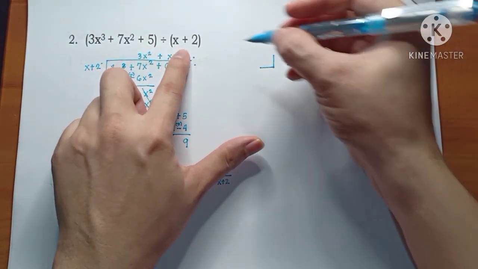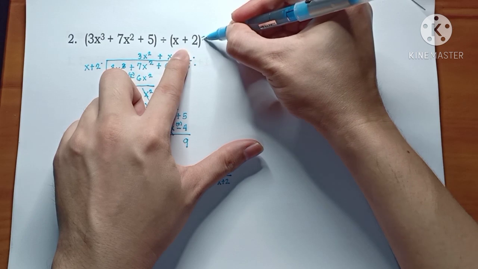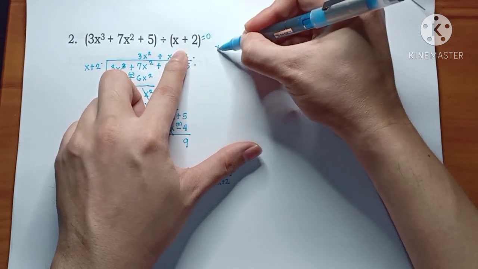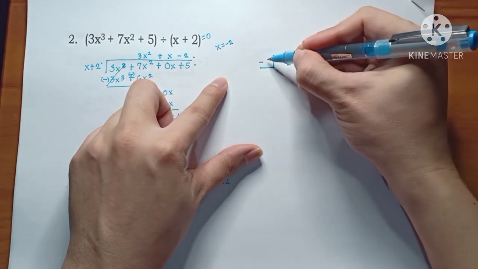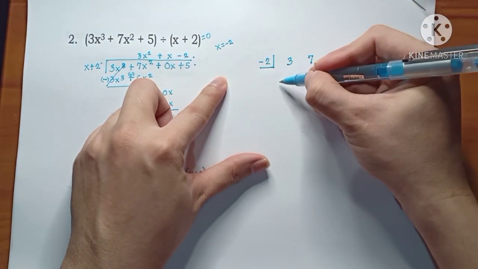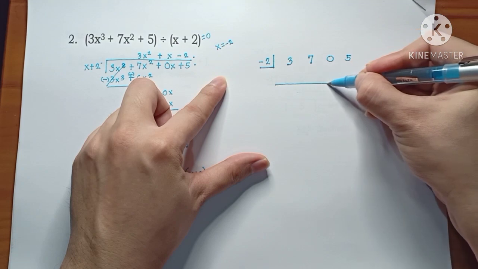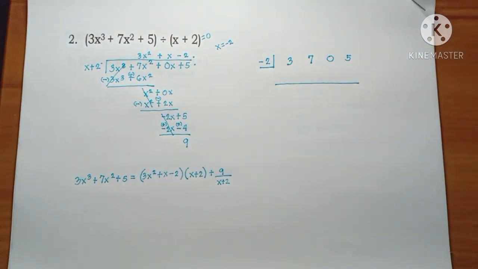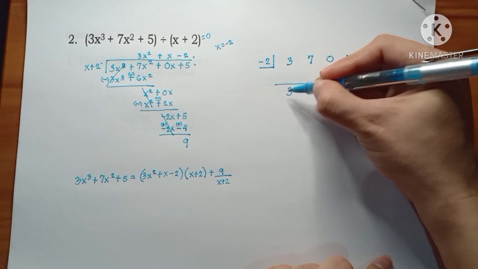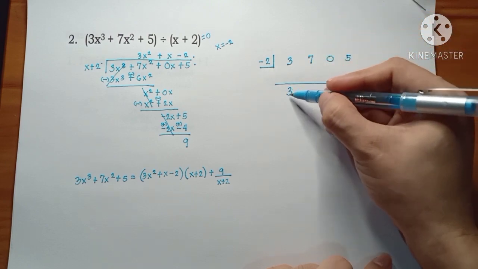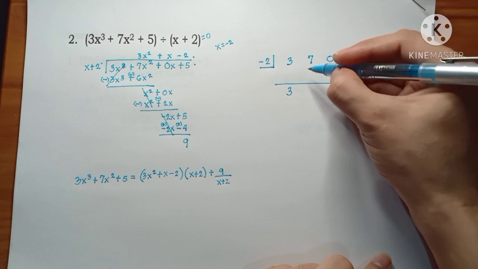Okay? And then, ito naman, equate natin sa 0 yan. So, therefore, ang x natin is equal to negative 2. So, therefore, ang ilagay natin dito ay negative 2. Then, saka tayo maglalagay ng line. Bring down 3. So, bring down na natin kagad yung 3. So, we have to multiply. So, 3 times negative 2 is negative 6.